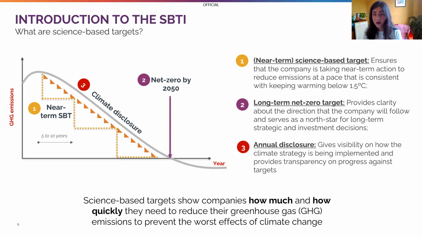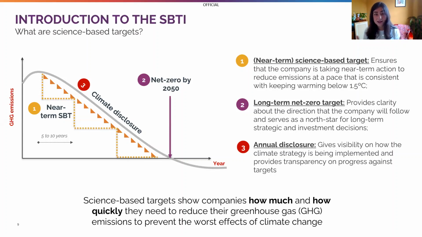So this provides methodologies for companies to set long-term science-based targets to align with the net zero goals at the planetary level. And then, of course, there's always an annual disclosure process that companies would report on their progress against targets.